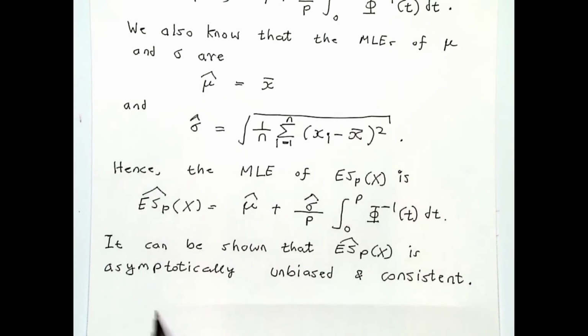You probably remember I defined these two terms, asymptotic unbiasedness and consistency, in one of the earlier videos. I mean, you should know this anyway from year 2 courses you've taken.